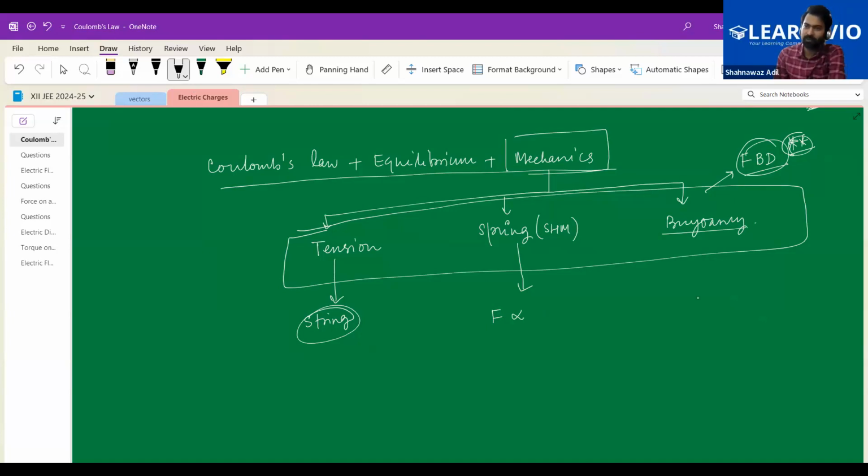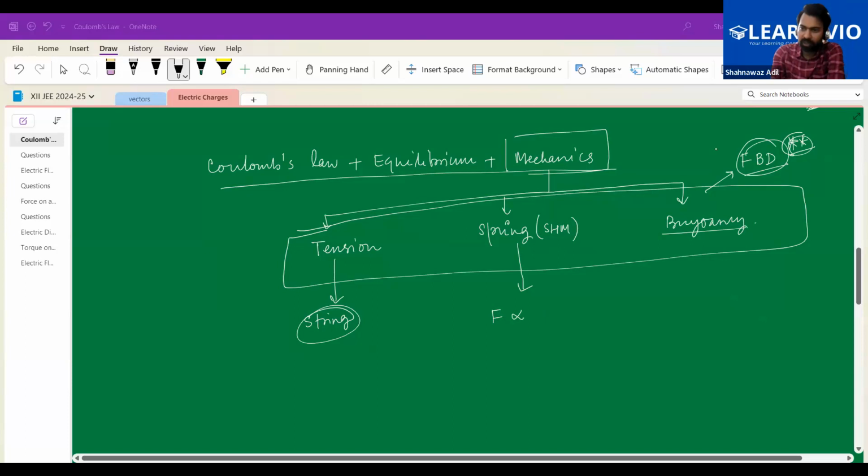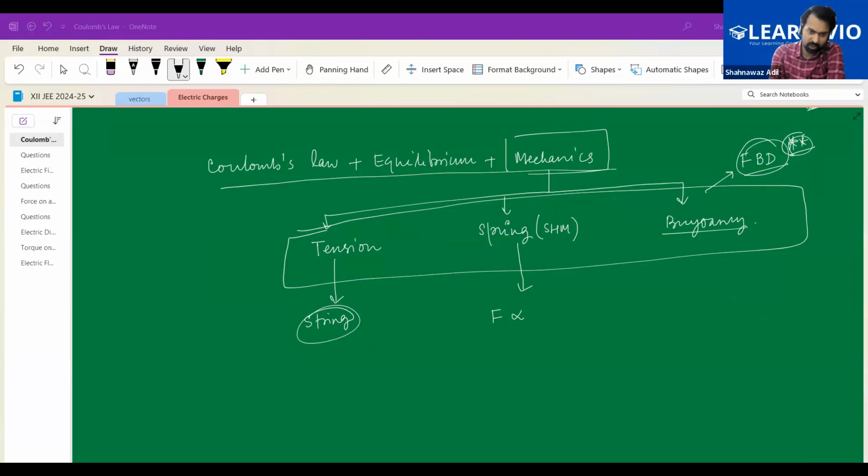So, how many people are joining? Okay, so in SHM, who joined and then who left? I guess we have to join some room, right? Let me see.